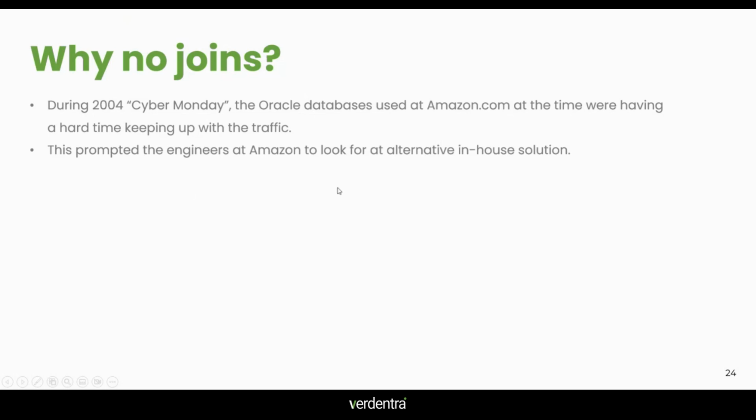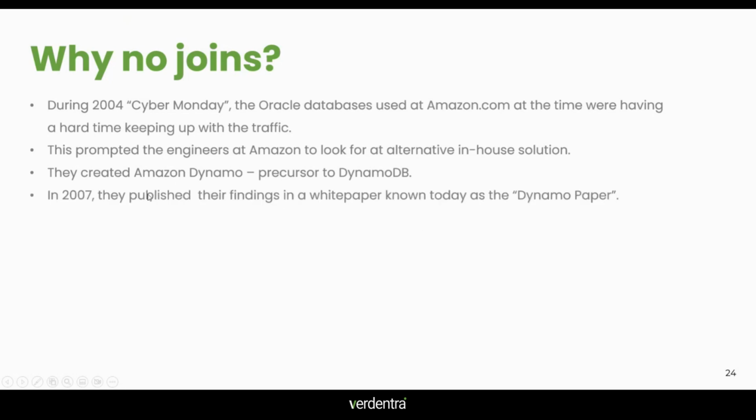This prompted the engineers at Amazon to look for an alternative, in-house solution, and they came up with Amazon Dynamo, the precursor to DynamoDB. This was only used internally. In 2007, they published their findings in a white paper known today as the Dynamo paper. This inspired other NoSQL databases as well.